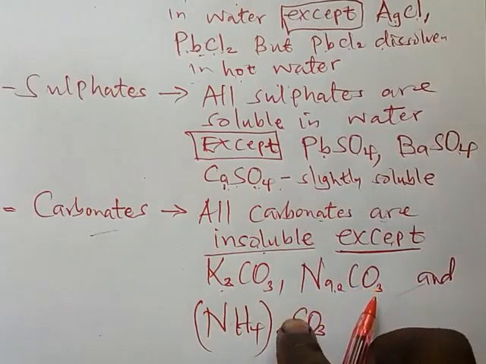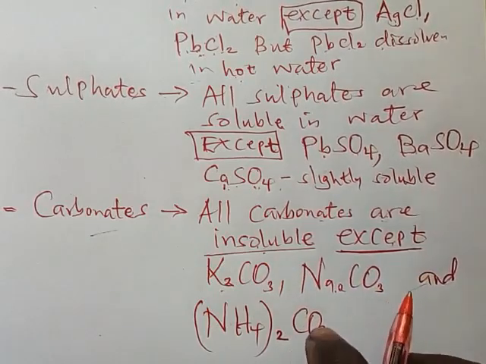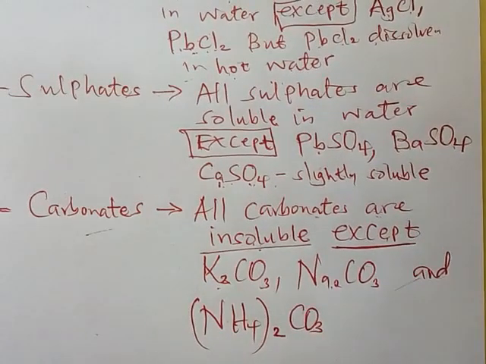They dissolve in water, forming a colorless solution. Very important to know that. So when we are going to prepare salts, before you prepare a salt, you must know, is this salt I'm preparing soluble or insoluble? Very critical.